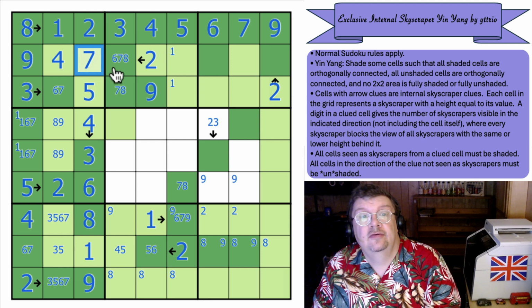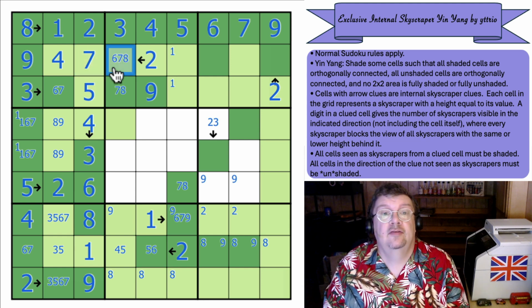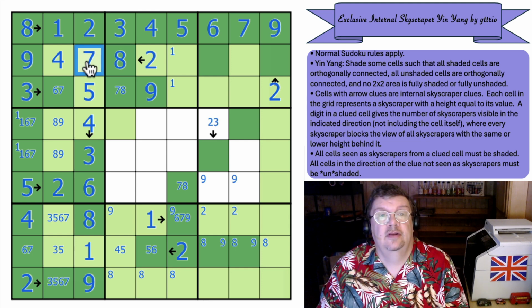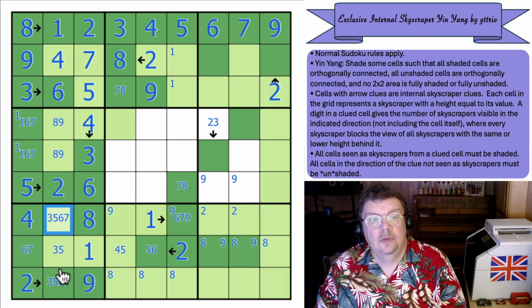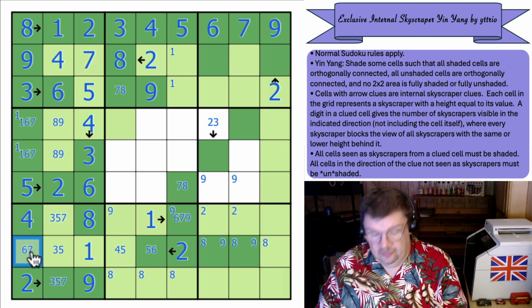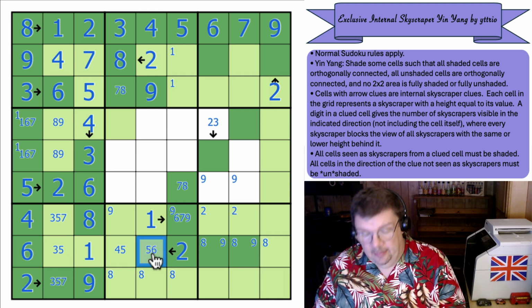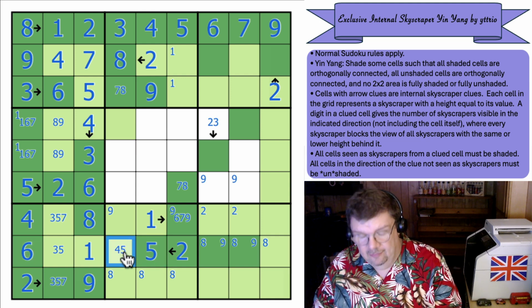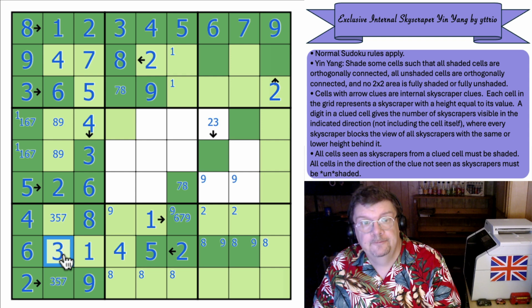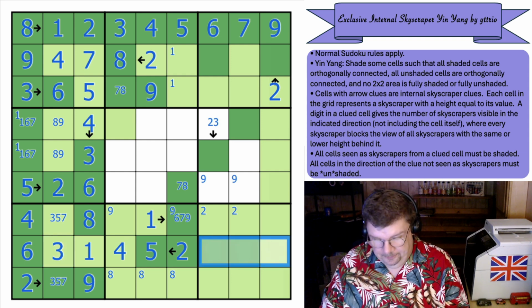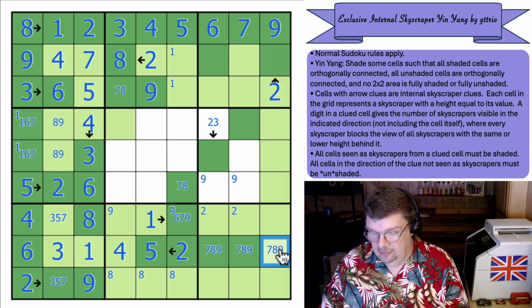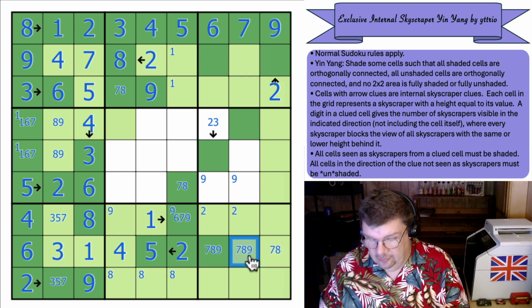This is 7. That now has to be an 8 because it has to be larger than the 7 in order to hide it. That's a 6. None of those are 6, so that's a 6. That makes that a 5. That's a 4. That's a 3. And this is 7, 8, 9. And that's not a 9. And that's not a 7.